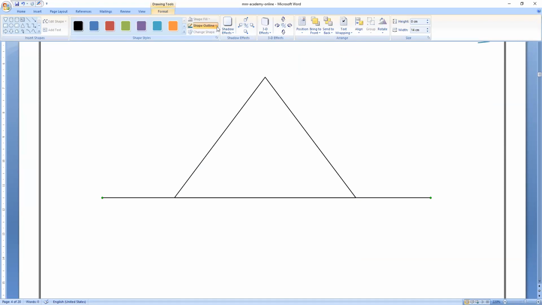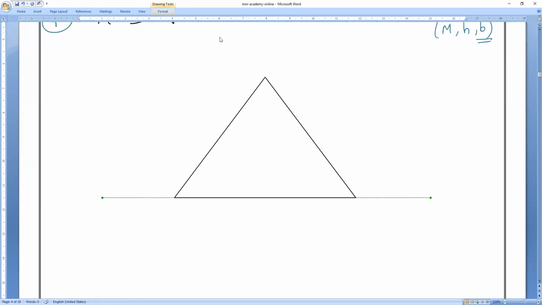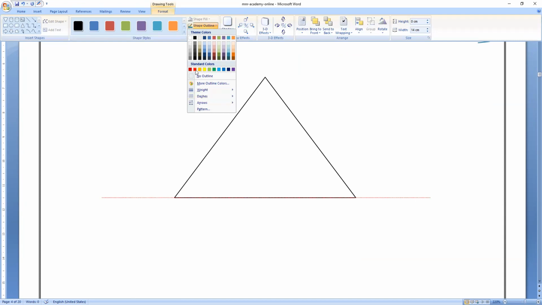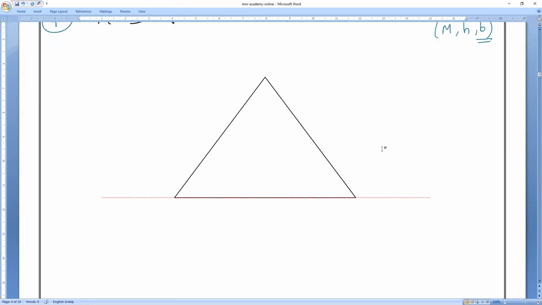Now they're asking us to find the moment of inertia. So I'll make the figure. This is the axis of rotation.